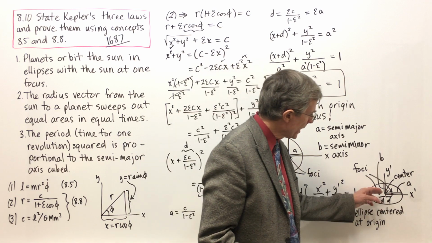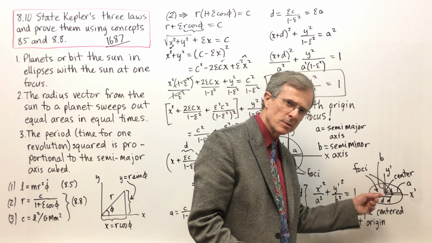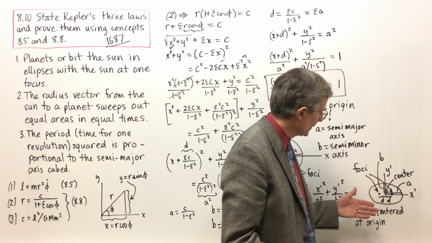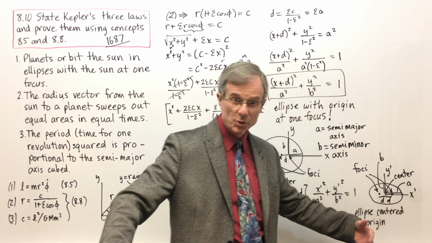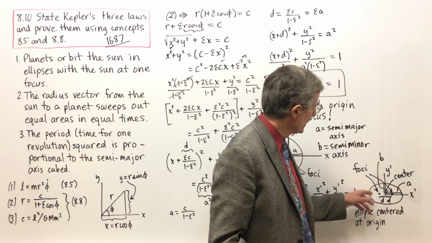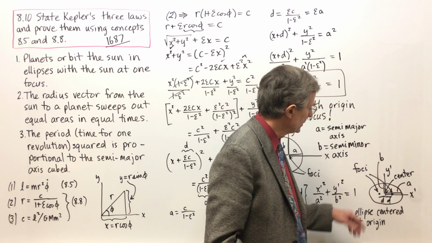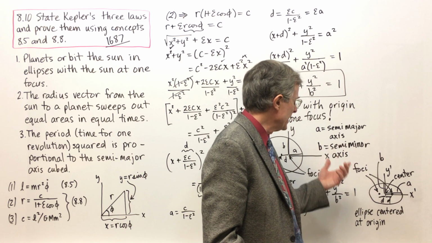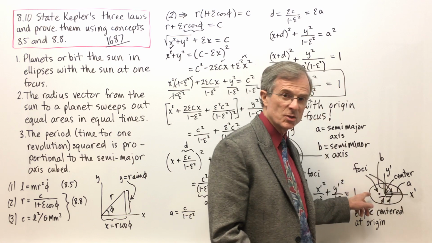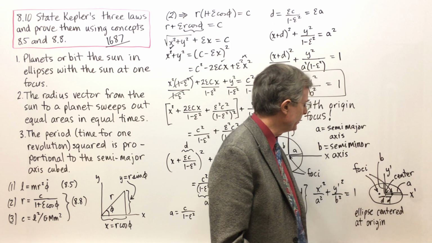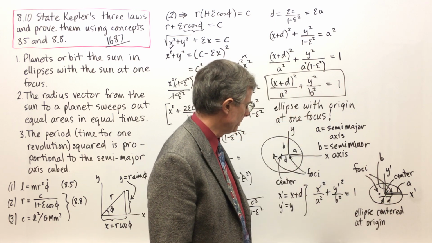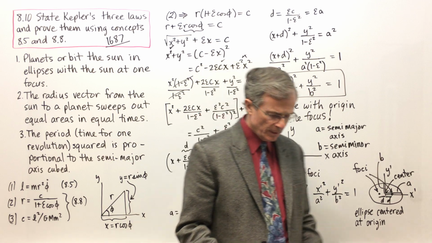The semi-major axis is the distance from the center of the ellipse along the widest portion of the ellipse. It's half the diameter. That's why they call it a semi-major axis. The major axis would be just this distance 2a, and the minor axis would be that distance 2b, and semi means half of that axis.